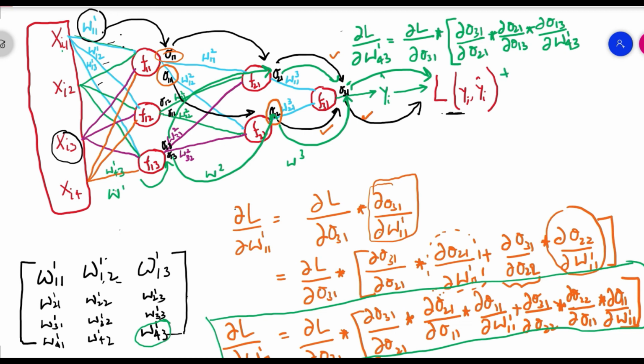This whole thing will be summed up with the rate of change of O31 with respect to O22 multiplied by the rate of change of O22 with respect to output 13, multiplied by the rate of change of output 13 with respect to our weight W143.